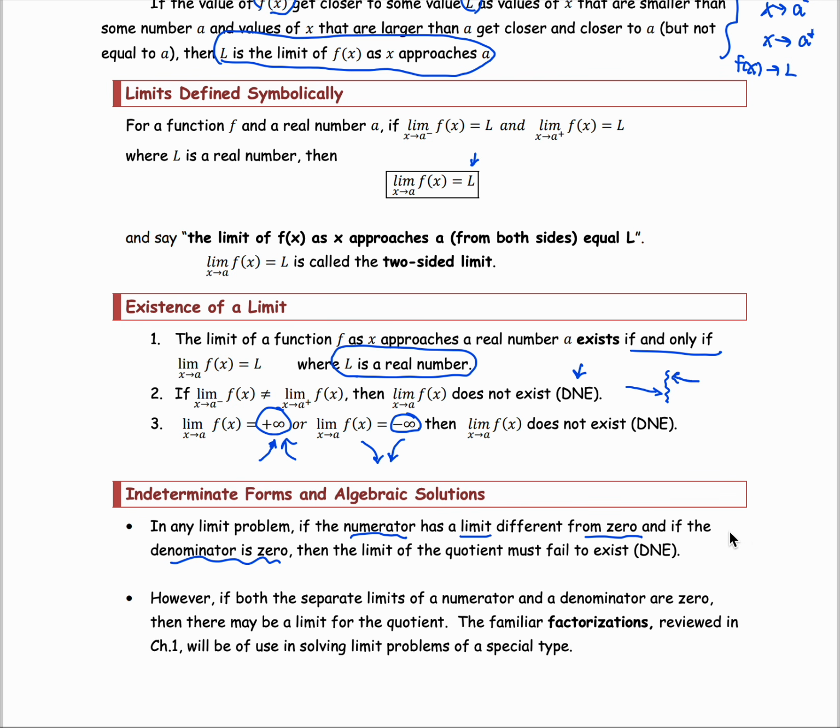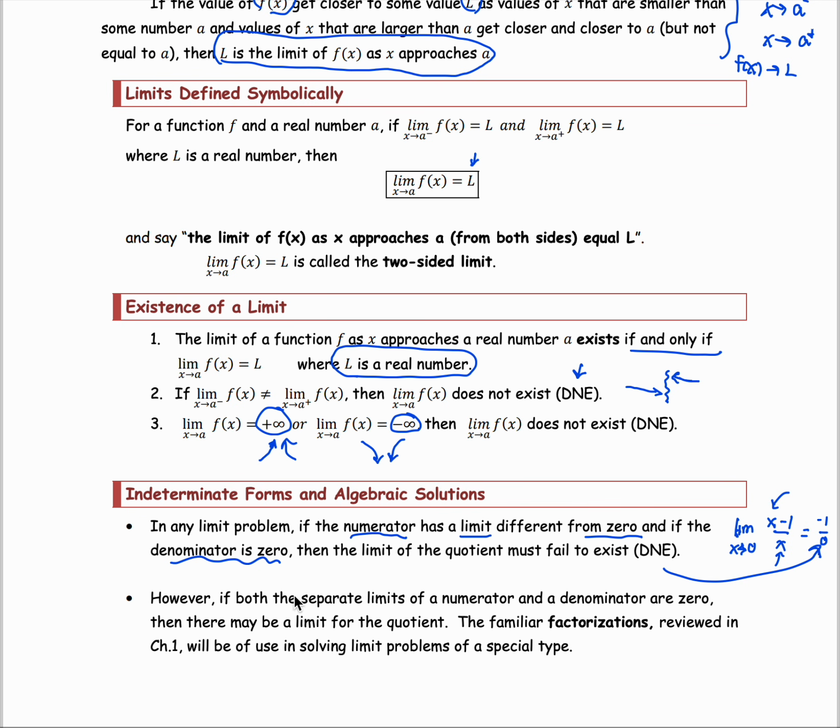So in the case that, for example, we have the limit of x minus 1 over x as x approaches 0, if you plug the value into x, the numerator gives negative 1 and the denominator gives 0. So this is a case where the limit does not exist.